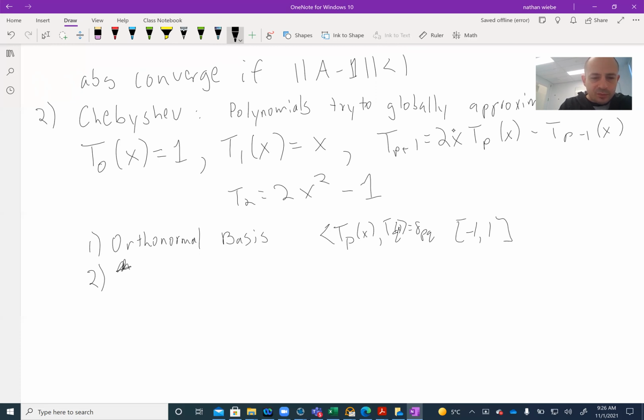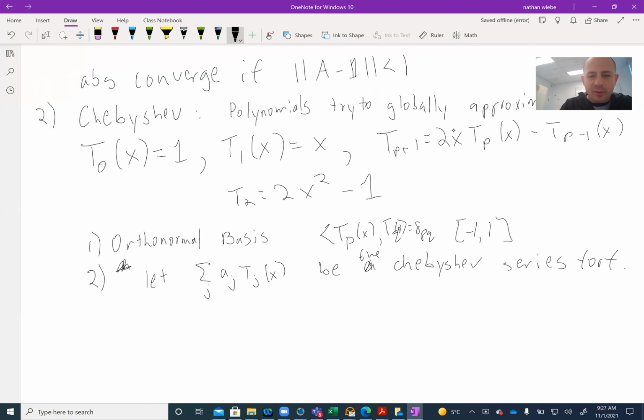And the second is the Chebyshev polynomial expansion that you end up getting for a function. So let the sum over j of a_j T_j of x be the Chebyshev series for f, found by representing it in this orthonormal basis.